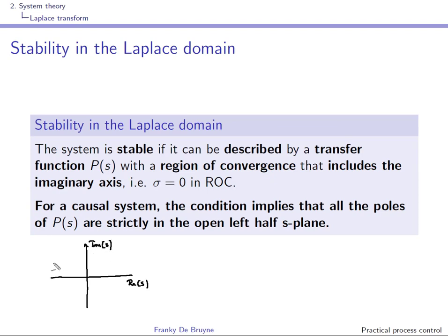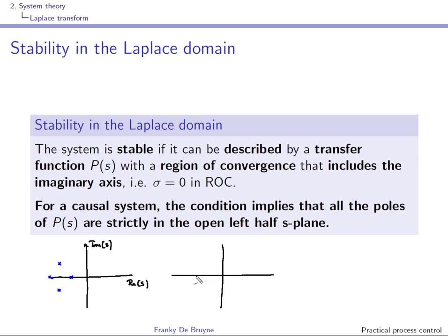A system with poles that are all to the left of the imaginary axis corresponds to a process that is stable.